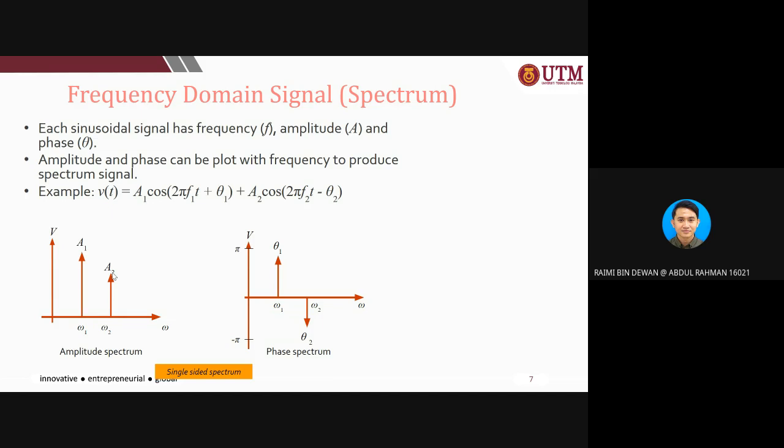But please bear in mind, the question can be tricky, maybe omega 2 is actually before omega 1, okay? So you just need to be aware of the subscripts, okay? And then later on, at omega 1 you have theta 1, and at omega 2 you have theta 2. Why is it down? Because it is negative here.